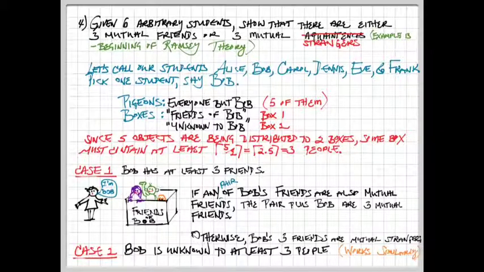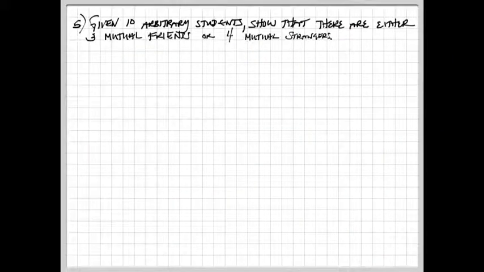Or all 3 people in the box would have to be friends of one another, and we would get 3 mutual friends. So regardless of whether you're in case 1 or case 2, we always have to wind up with 3 people that have the same mutual relationship, either friends or strangers. So the theorem holds.